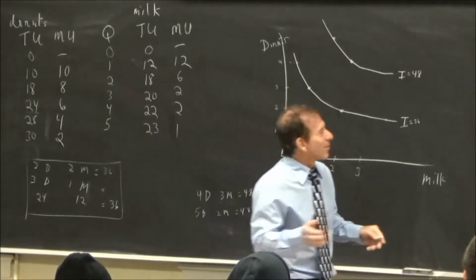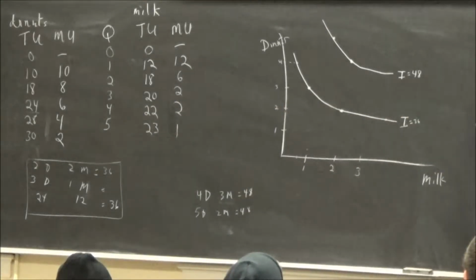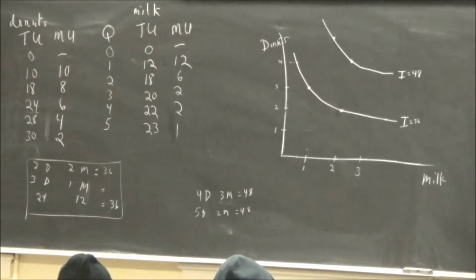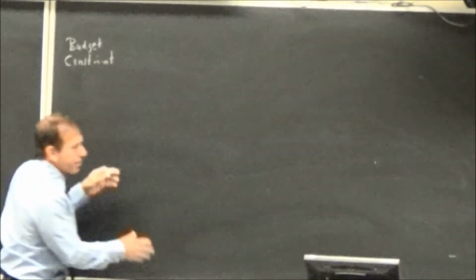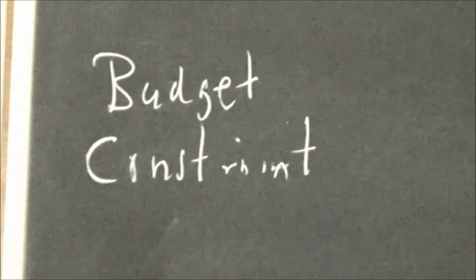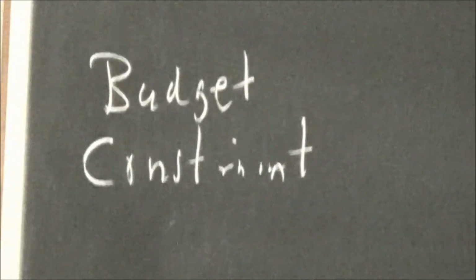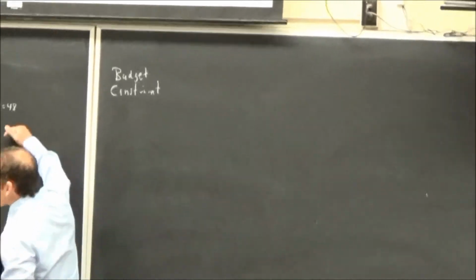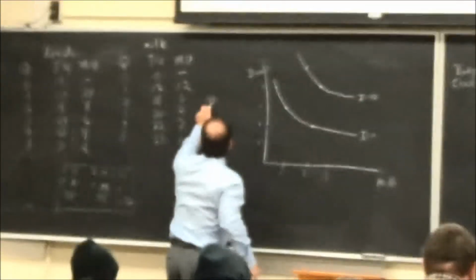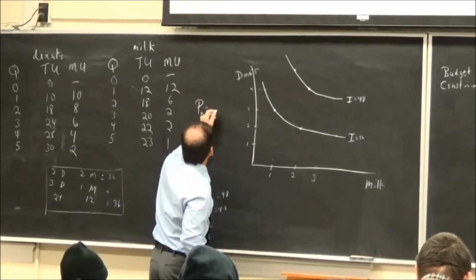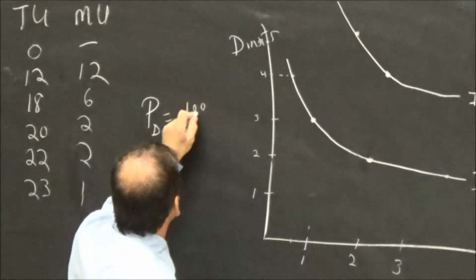So now what we're going to look at is this concept of a budget constraint. Even though they're completely different perspectives, they do go together. So in our case, let's say that the price of a donut is equal to $1.